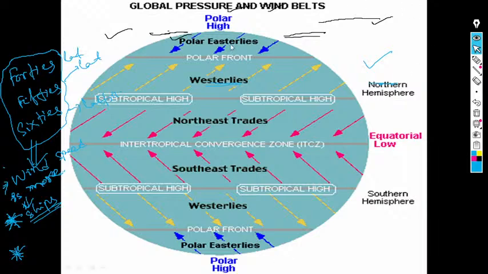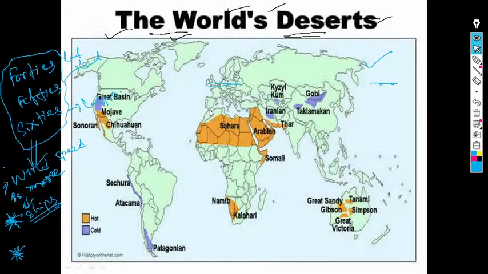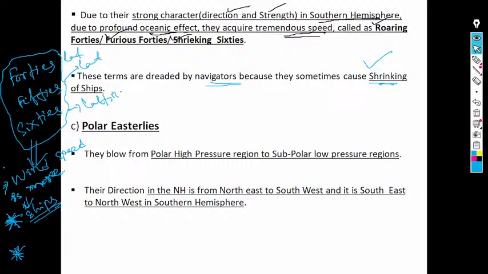They blow from the polar high pressure area to the subpolar low pressure area. In the northern hemisphere the direction is from the northeast to the southwest.